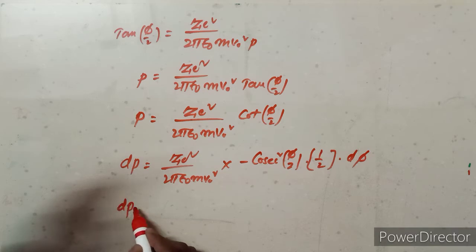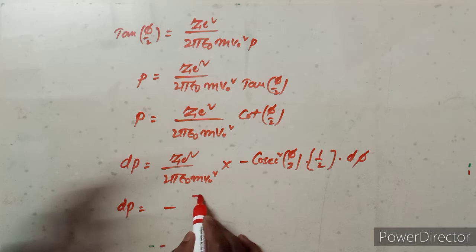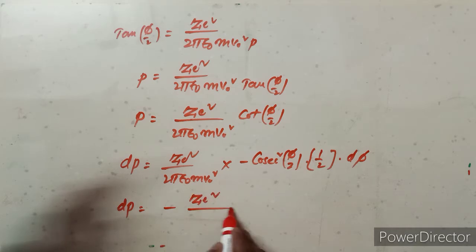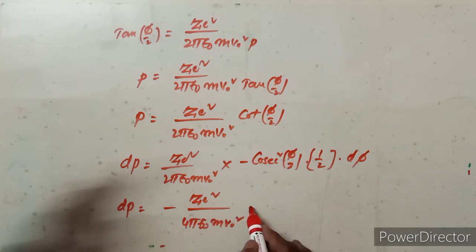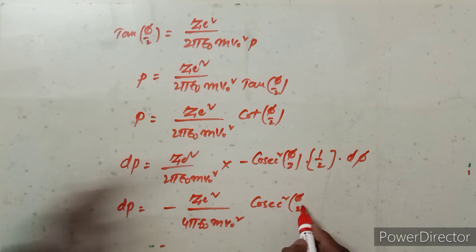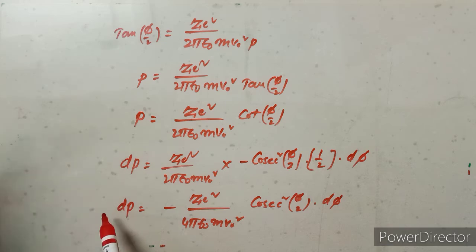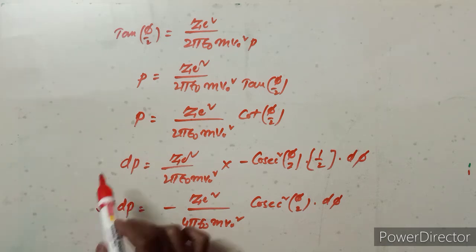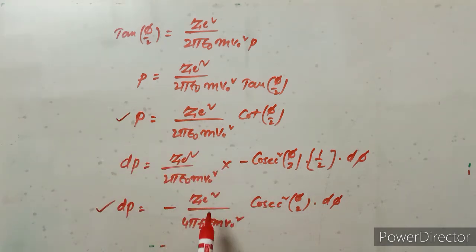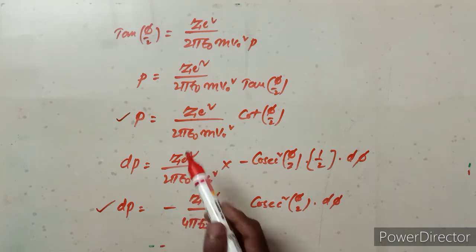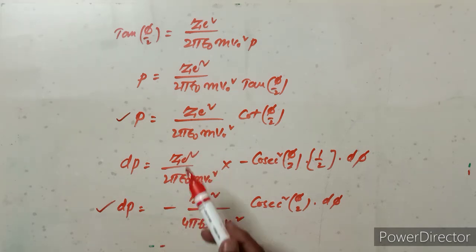So dP, the derivative of P, equals minus Zq square upon 4 pi epsilon naught m v naught square cosecant square of phi by 2 into d phi. So this is the dP, this is the P. These two terms are substituted in the scattering formula.